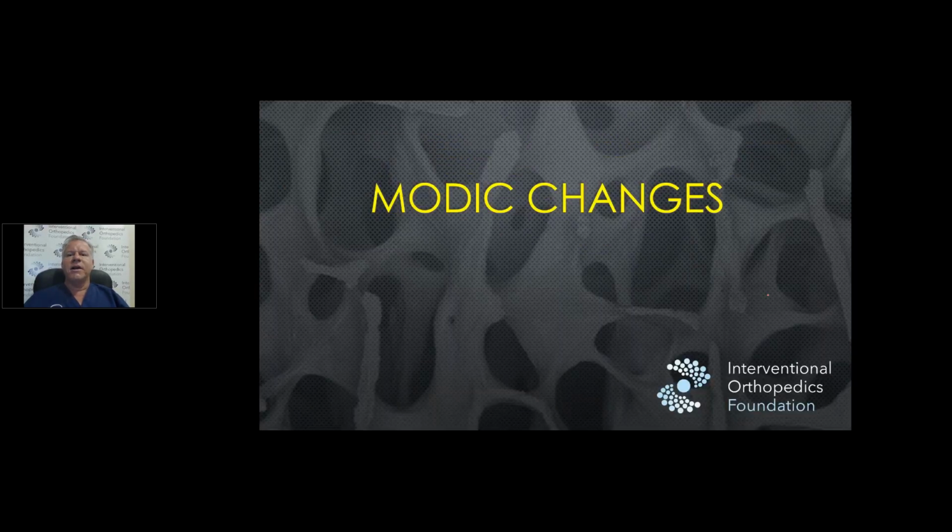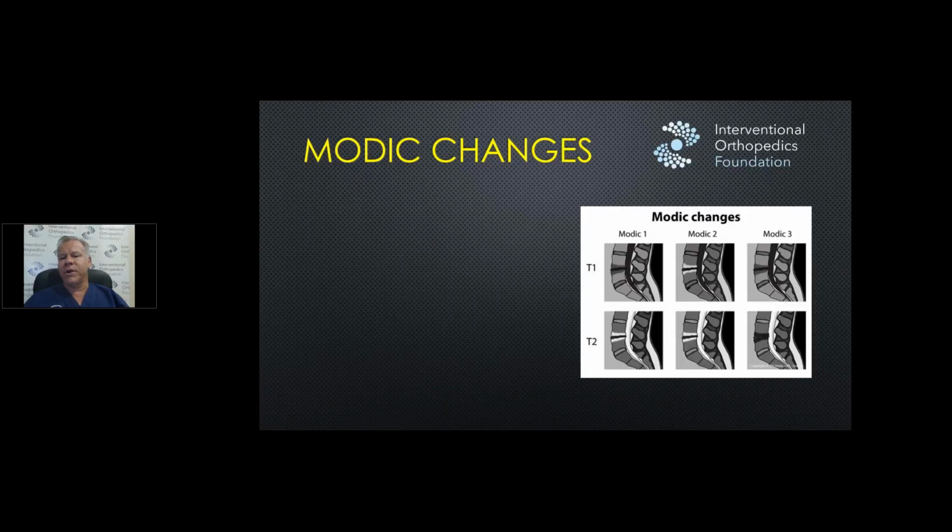Modic changes. So we've got Modic type 1, 2, and 3. You can see here, this gives you a visual guide of what these Modic changes are. You can see Modic 1, which is a little bit dark on a T1 image, and then bright on T2. Modic 2, where they're both bright on T1 and T2.